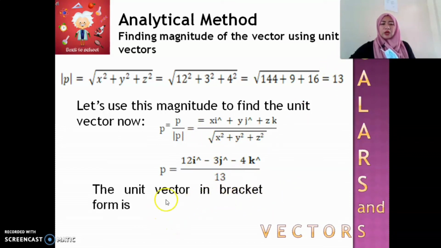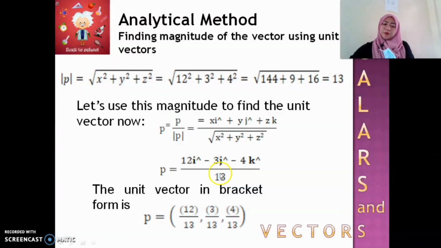The unit vector in bracket form would give us 12 over 13, comma, our y component 3 over 13, comma, 4 over 13.